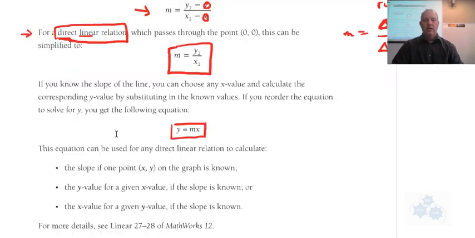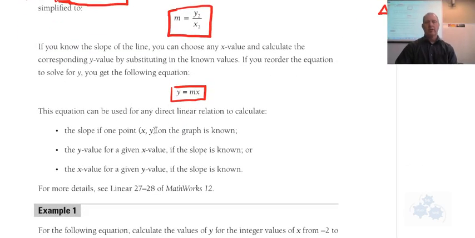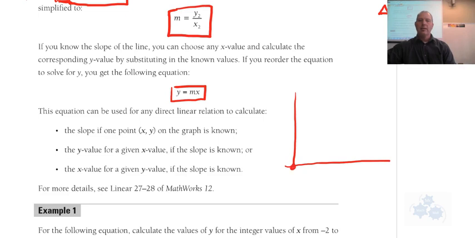Okay. So if that's true, then let's give that a test. I'm going to draw this, and I'm going to write, there's a point 0, 0 there. There's a point 1, 2. All right. And let's go 2, 4.